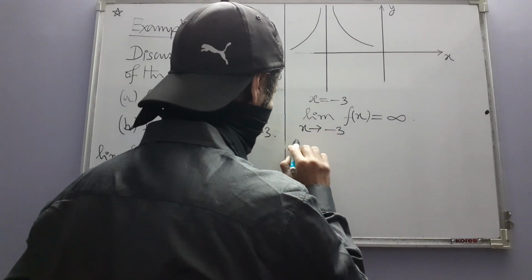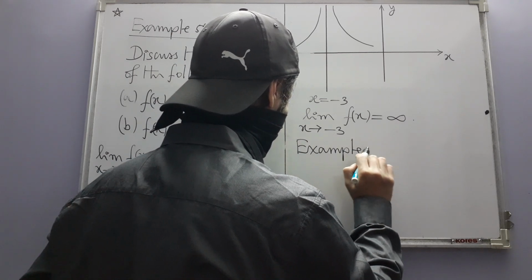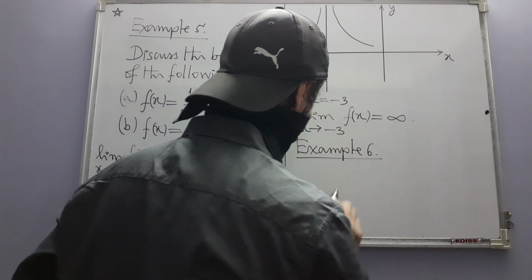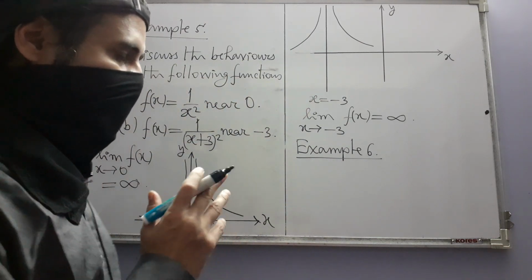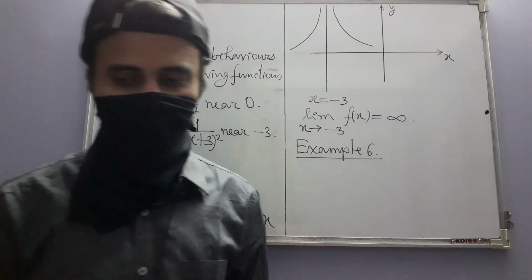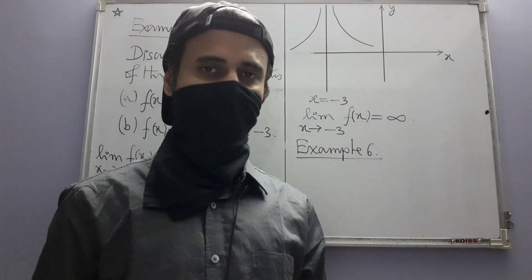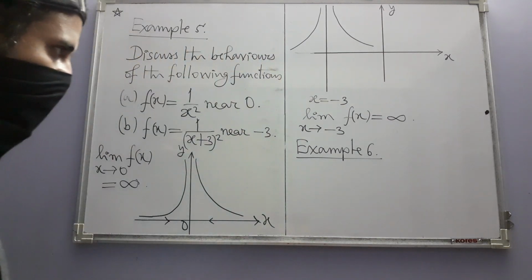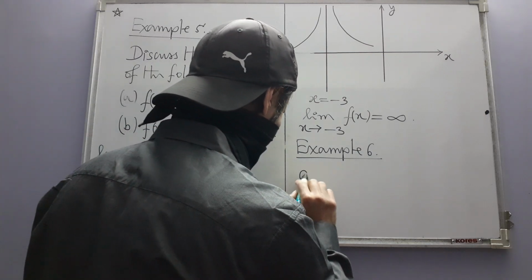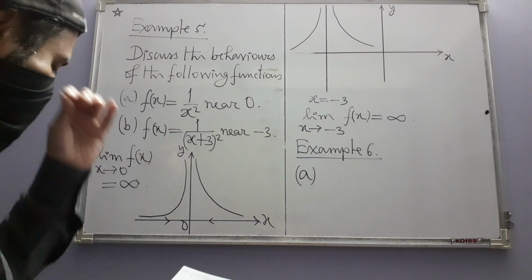Next, example 6. In example 6, there are many parts where behaviors of rational functions will be investigated at points where their denominators become 0. I mean, some limits are going to be considered.